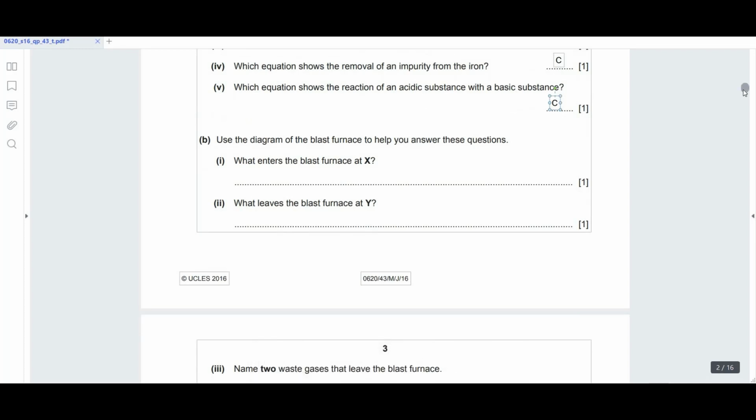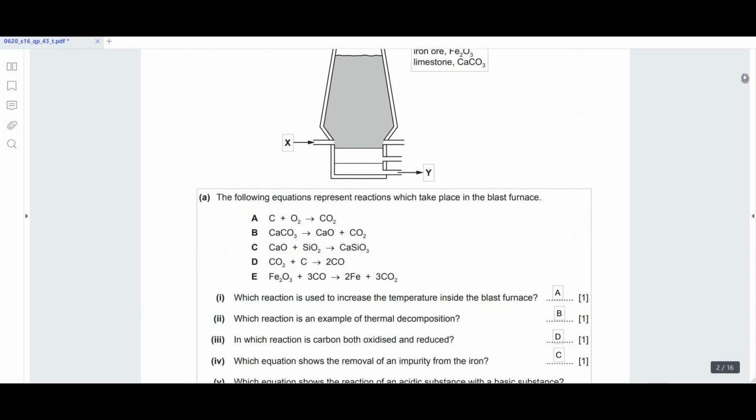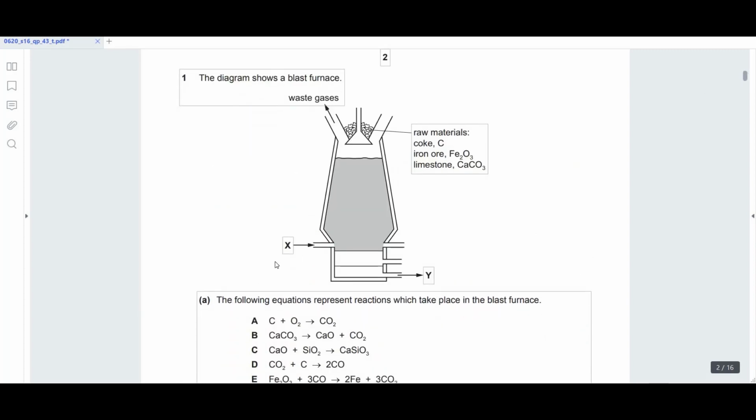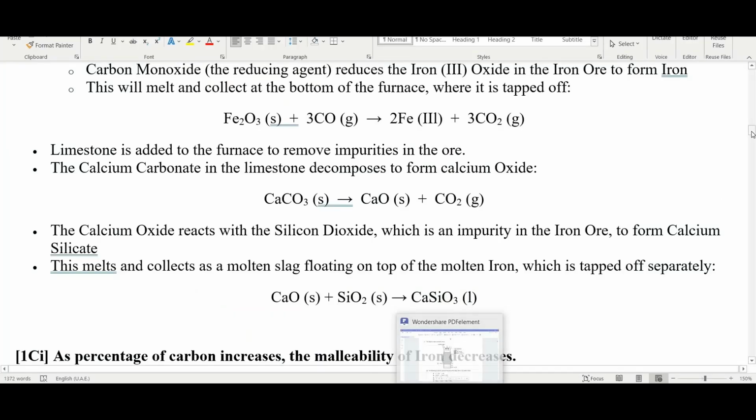Here's the diagram of the blast furnace to help you answer these questions. The first part of the B part states, what enters the blast furnace at X? Let's check where X is. I'll show the diagram now. They're talking about this part.